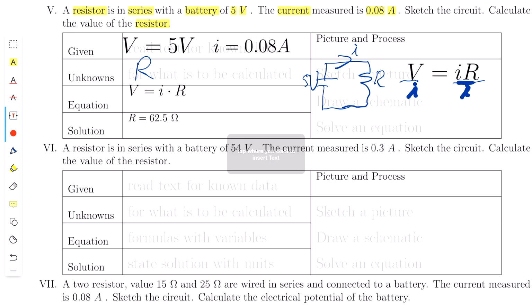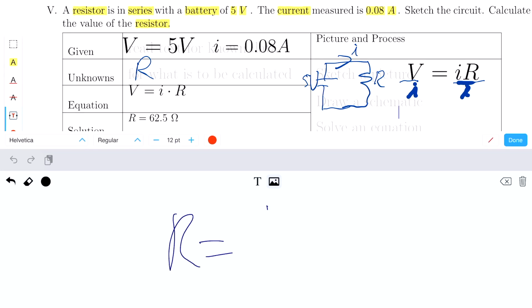And when we do this, we see R equals V over I. So we substitute. We have 5 volts over 0.08 amps.